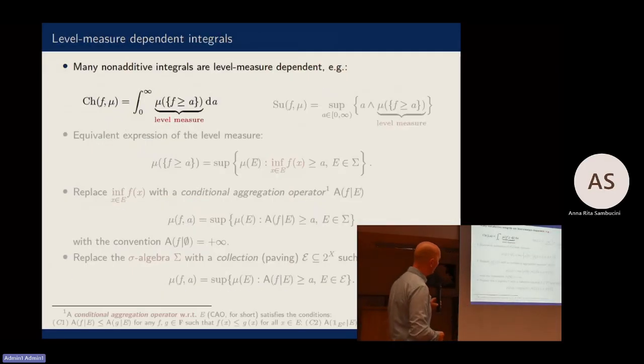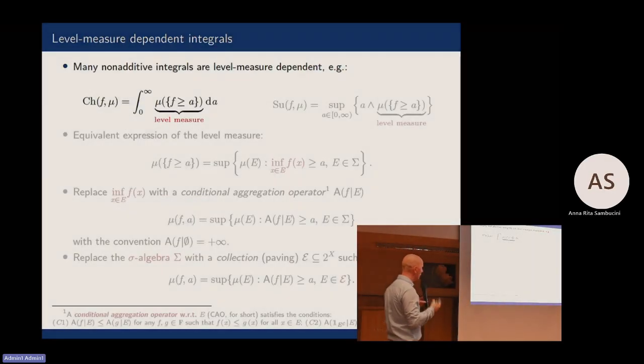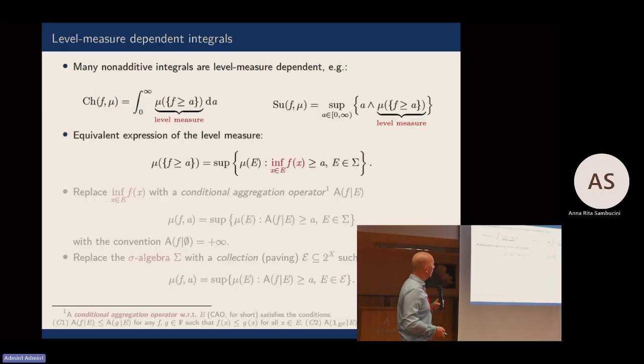So I will try to explain what the motivation is, what the problems are, and where we should be very careful when considering such a case. As we all know, the Choquet as well as the Sugeno integral are nothing but functionals which depend on the level measure. The standard level measure means we measure the upper set, the set of all values for which the function lies above some level.